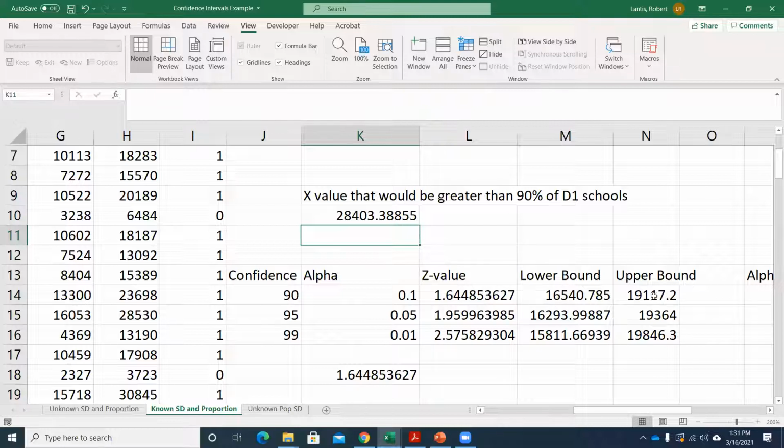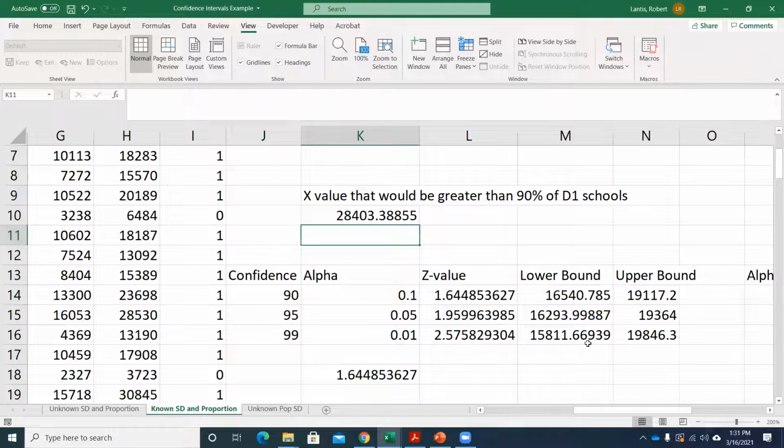Because 19,500 would be just outside of this confidence interval. But with 99% confidence, I couldn't say that, right? Because at the 99% confidence level, 19,500 is actually in my confidence interval. So it could be one of the true population mean enrollment values.